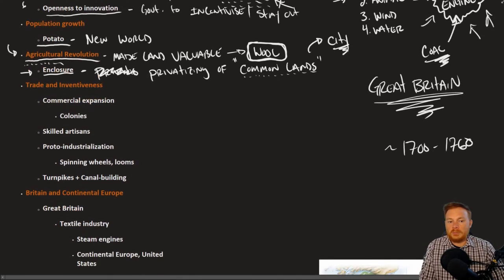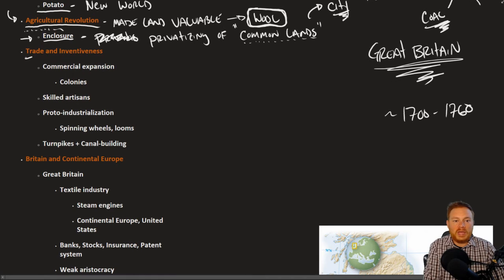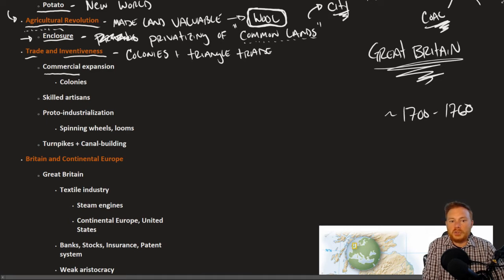Now, of course, we talked in previous chapters about the expansion of trade and the incentive to trade, really when we talked about the colonies and triangle trade. We talked about this in a previous chapter. So this commercial expansion, the creation of colonies, like we said before, for Great Britain, both gave them resources. We already talked about this, things like tobacco, sugar, and a crop that will become increasingly important after the Industrial Revolution, and that is cotton.